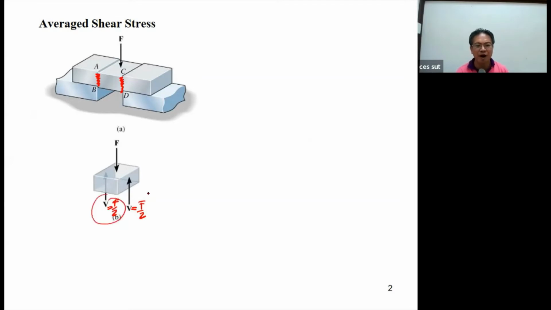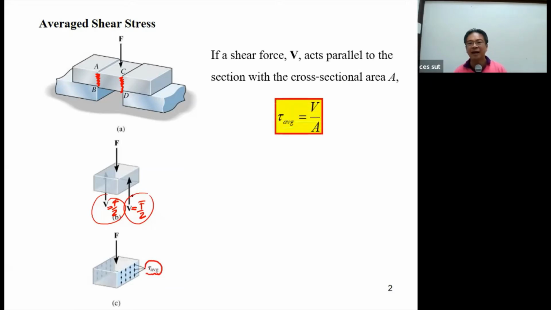And this shear force is the direct shear. So this form will produce direct shear stress across the section, and we can determine the average shear stress by the shear force divided by the area that the shear force acts upon. Okay, this is the area there.